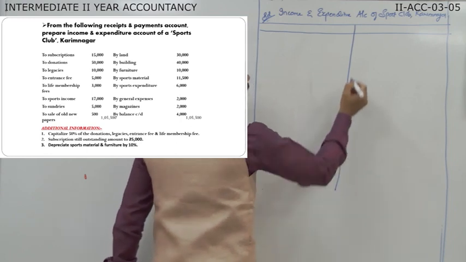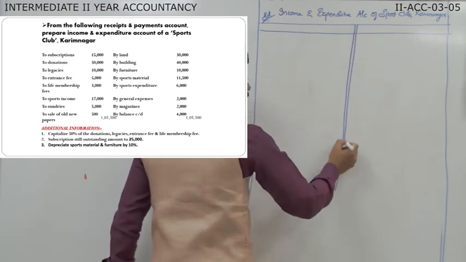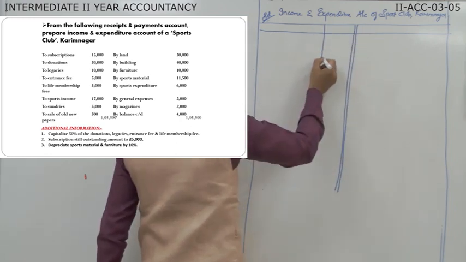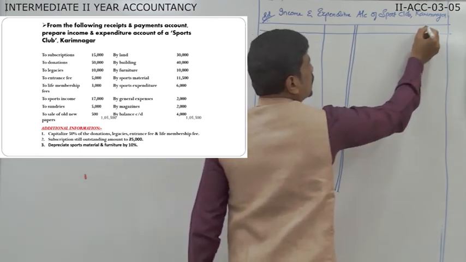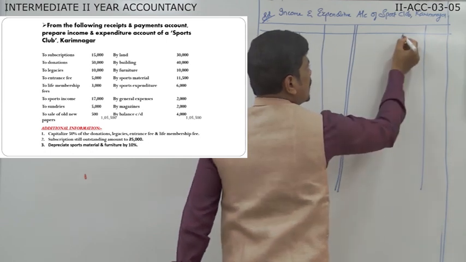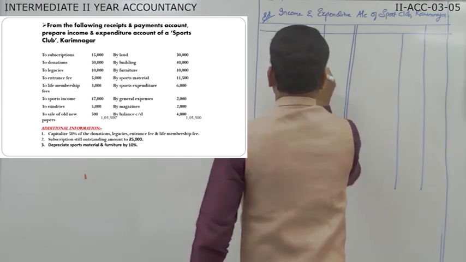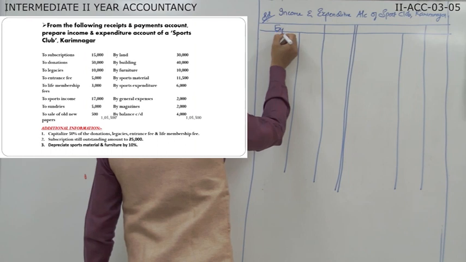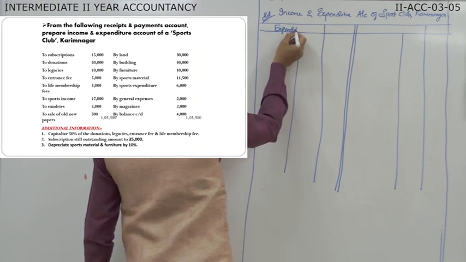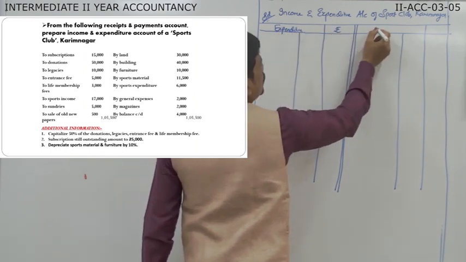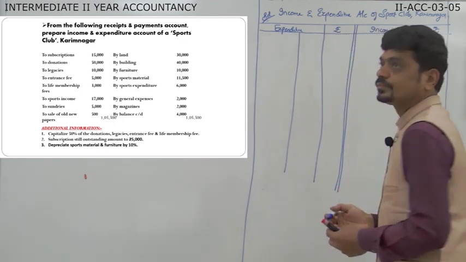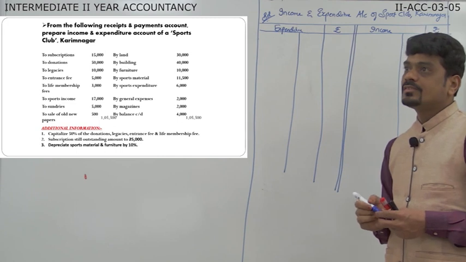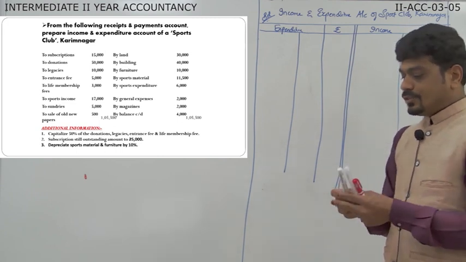Format: expenditure, amount, inner column; income, inner column. Quite an interesting problem. Expenditure, amount, income, amount. Now the posting starts. First, subscription.